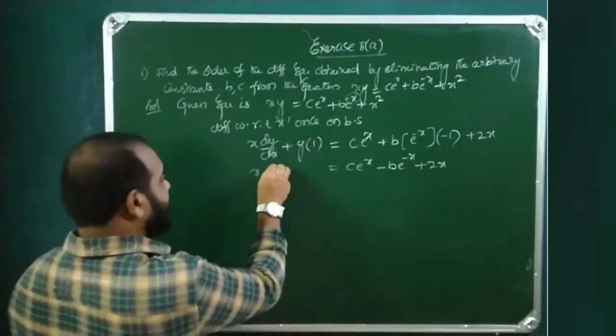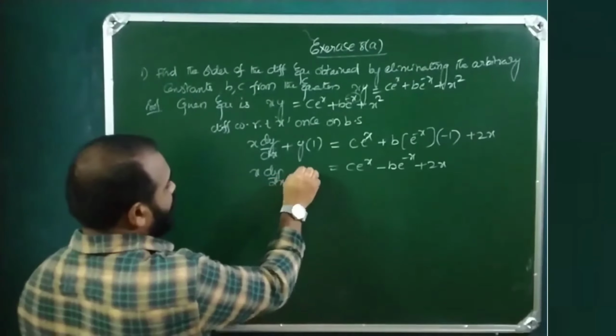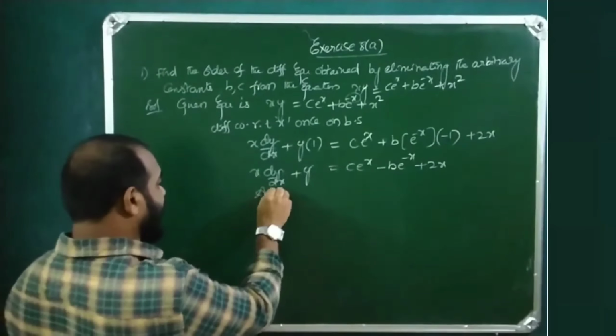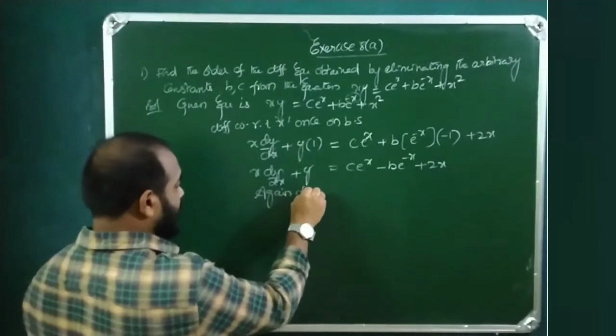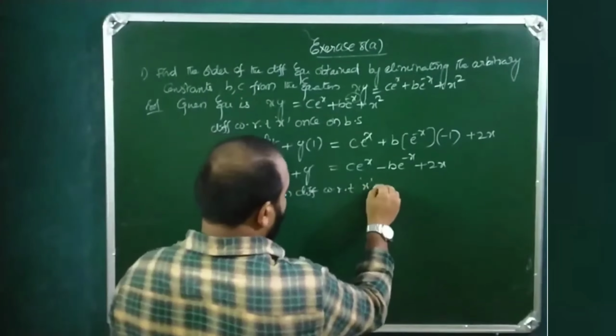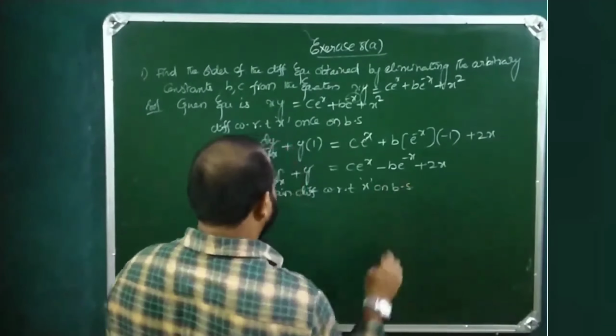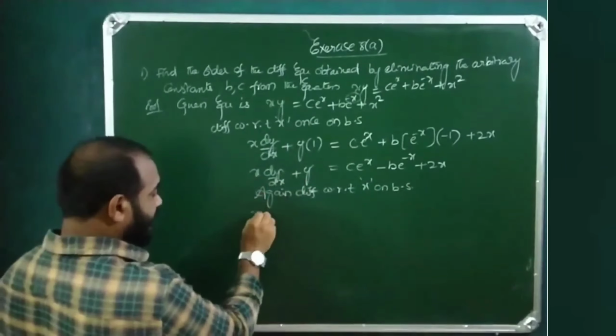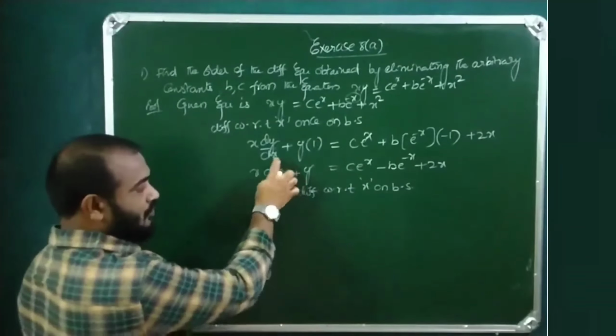This is x dy/dx + y equals this. Again differentiating with respect to x on both sides, this is x into d/dx of y. This is the first order derivative.